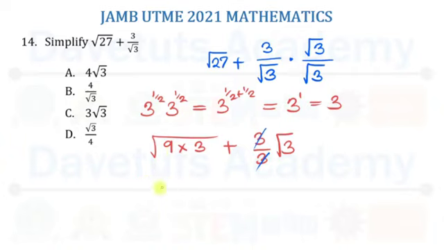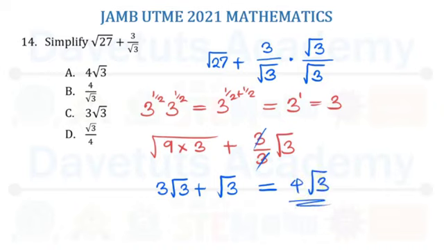So I can just write this out as 3 root 3 plus, here we only have a single root 3, and 3 root 3 plus root 3 is just as if you're having 3x plus x. That will give you 4x. So in this case also, you can just say this is nothing but 4 root 3. And from the options, you can see that option A is corresponding to that answer.